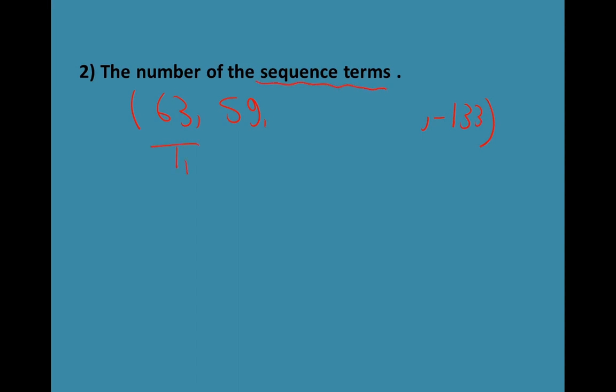Since Tn equals A plus n minus 1 multiplied by d, since the last term is negative 133 and the first term of this sequence is 63, n minus 1 multiplied by the difference which equals negative 4. I'll transfer 63 to the left hand side to be negative 196 equals n minus 1 multiplied by negative 4, divided by negative 4. This is 49 equals n minus 1.